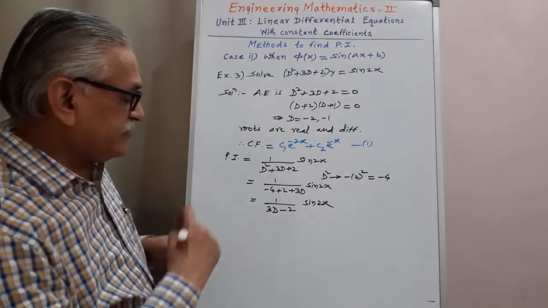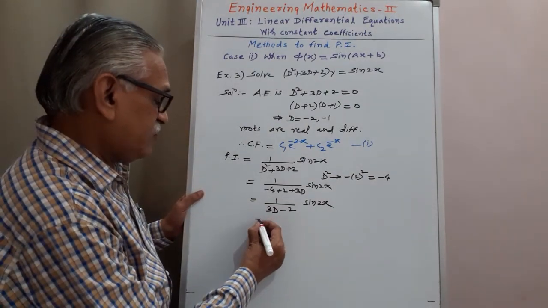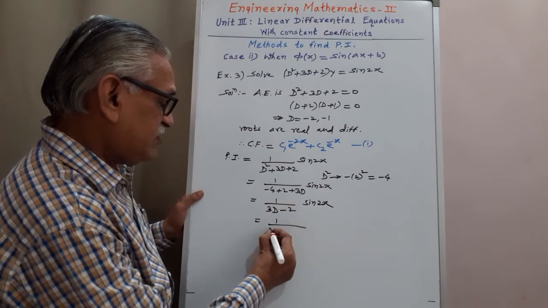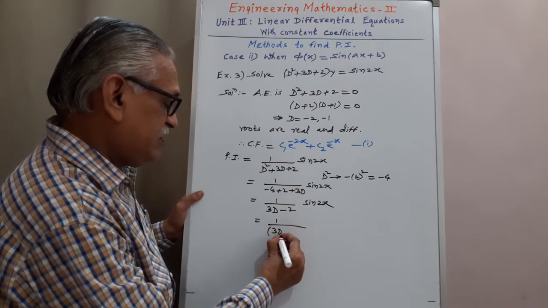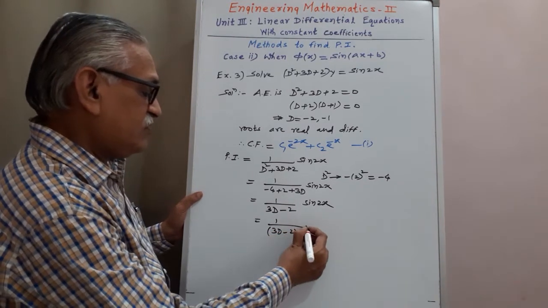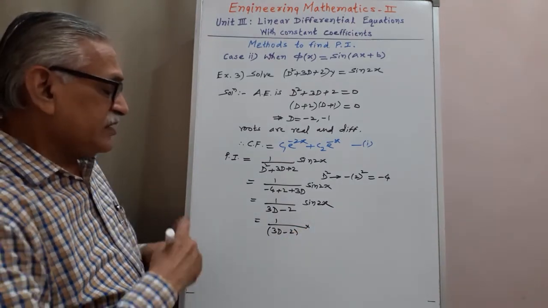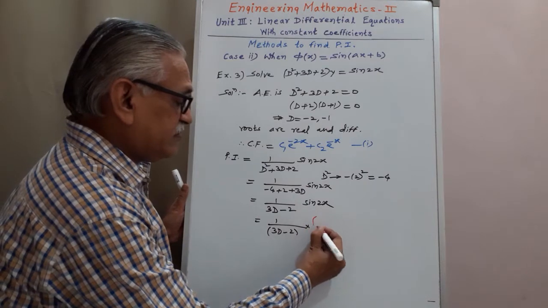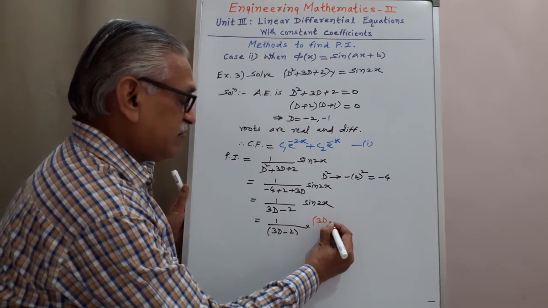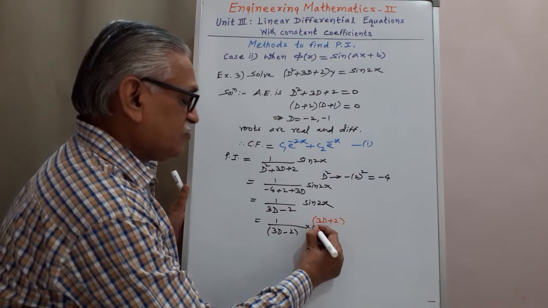We multiply and divide by its conjugate. Therefore we get 1 upon 3D minus 2, multiplied and divided by its conjugate, which is 3D plus 2.